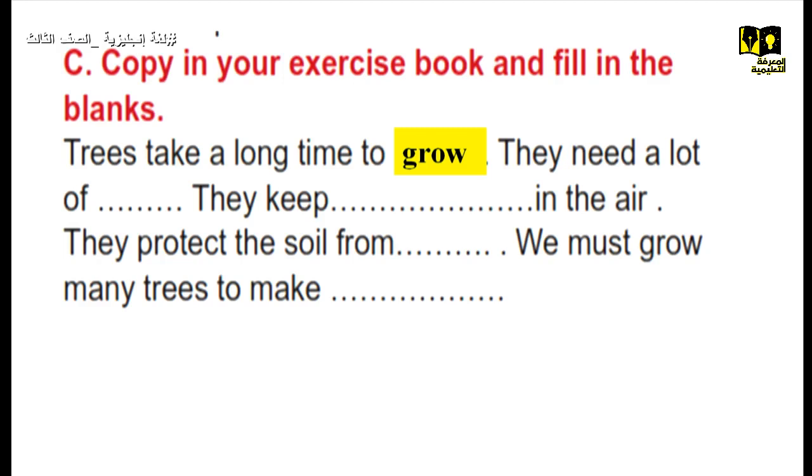After you finish, you can move to the second paragraph, the second part of the reading passage, and read it twice, even 3 times, right? And then you go to the questions. Then go back to the passage and find the answer and copy the answer in your exercise book, right? And you can do the same with paragraph 3.